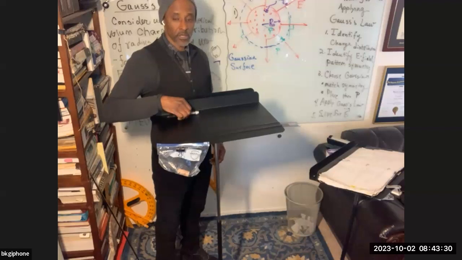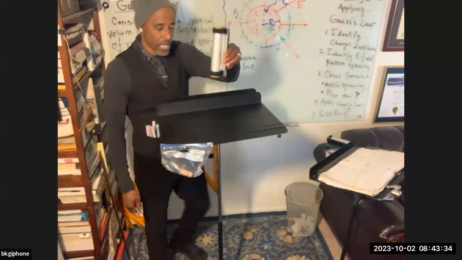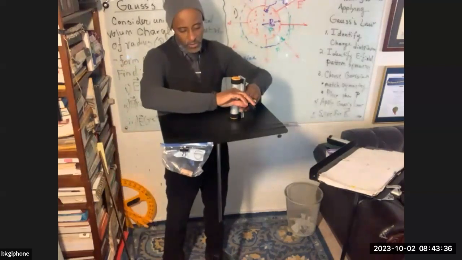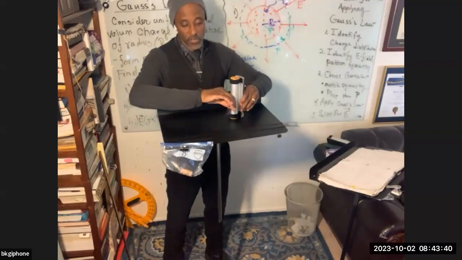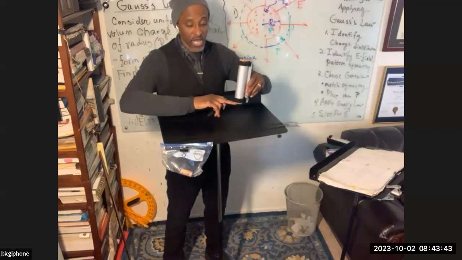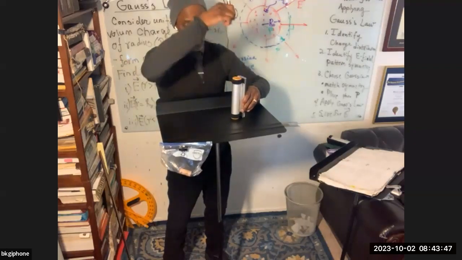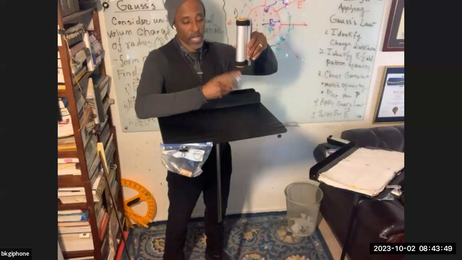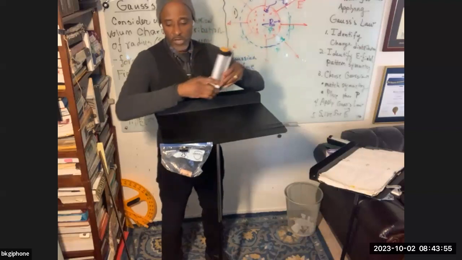If it were a cylindrical surface, like my sky here, the area vector points radially outward from the cylindrical surface. For the top and bottom, if it's enclosed, the area is perpendicular to those surfaces: it points up for the top, down for the bottom, and radially outward for the cylindrical portion. Always perpendicular to the surface everywhere.